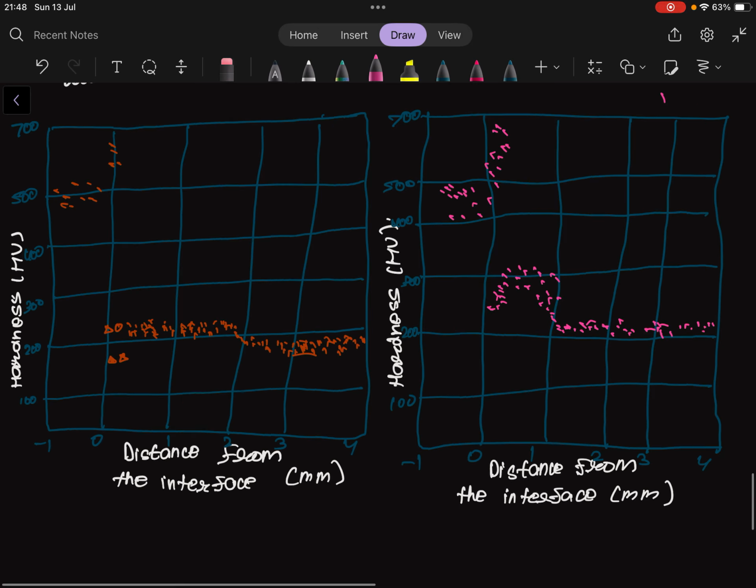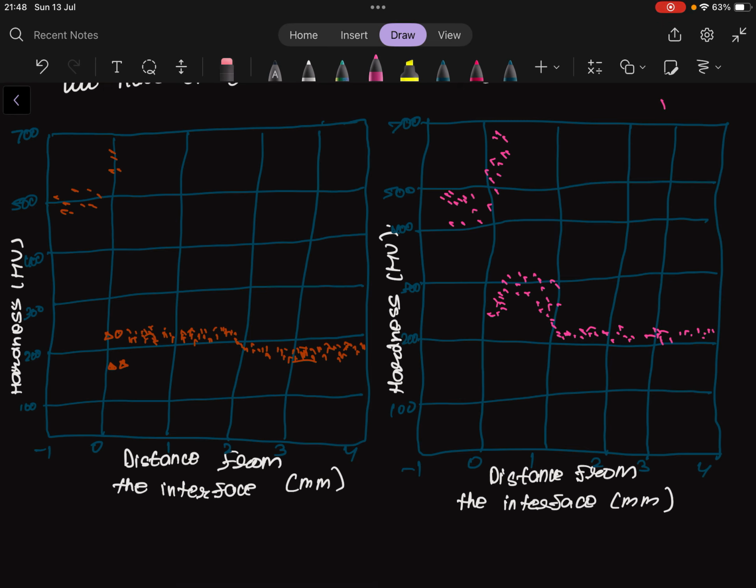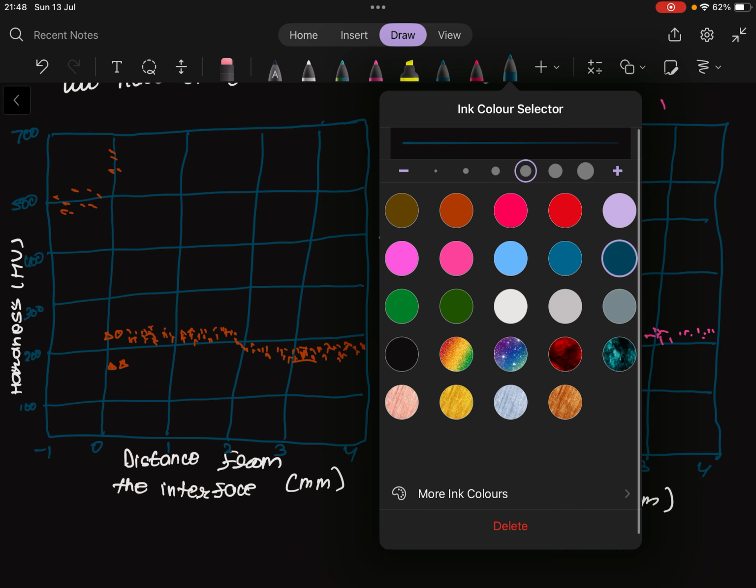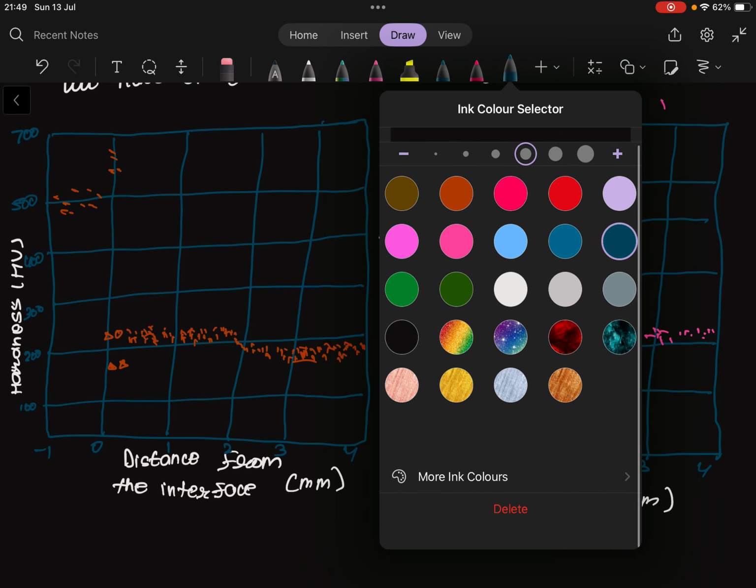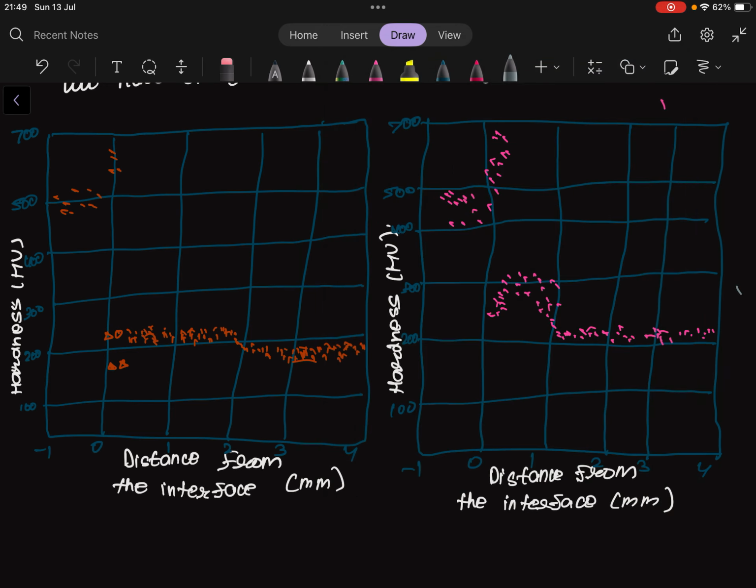Okay, so let's talk about the results. Basically, the first graph is for, I'm confused regarding color selection. Sorry. Okay, so this is for high specific energy, and this is for low specific energy.